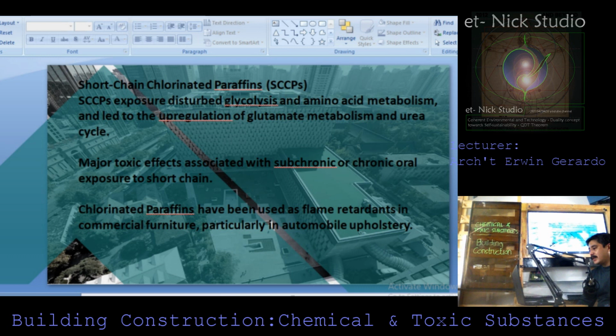Major toxic effects are associated with subchronic or chronic oral exposure to short-chain chlorinated paraffins, which have been used as flame retardants in commercial furniture, particularly in automobile upholstery.